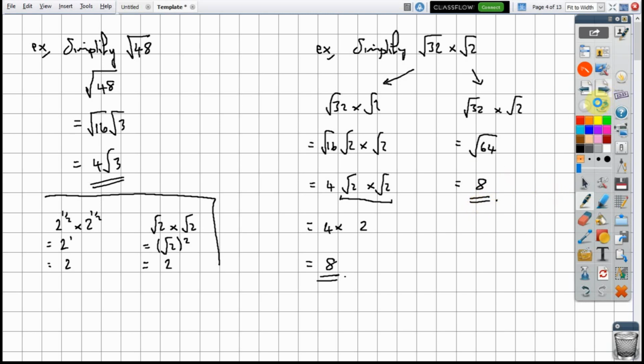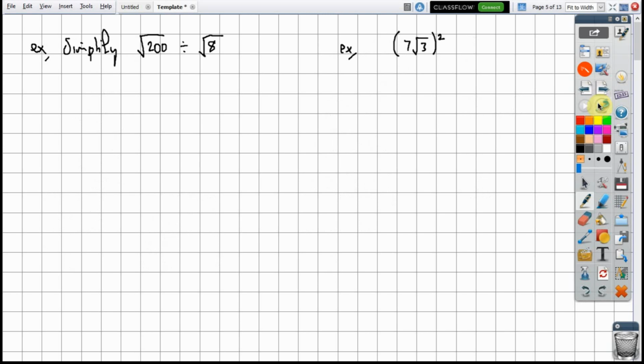A couple more examples for you to try. Simplify root 200 divided by root 8. I'm going to give you a hint straight out to rewrite that as a fraction. Pause the video now and give that a go. Okay.